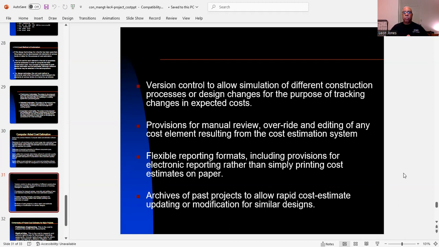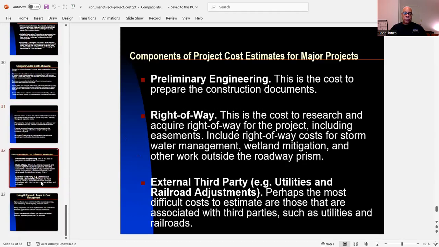Then there are flexible reporting formats, including provisions for electronic reporting rather than simply printing cost estimates on paper. And then you have archives of past projects to allow rapid cost estimate updating or modification for similar designs.